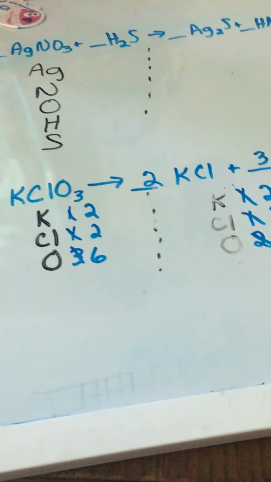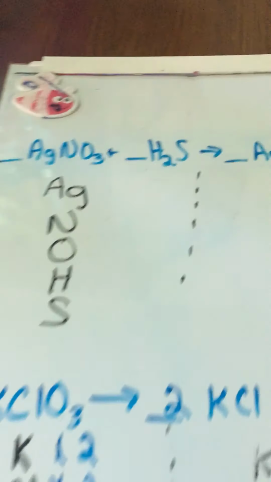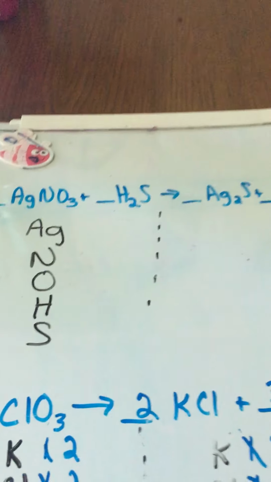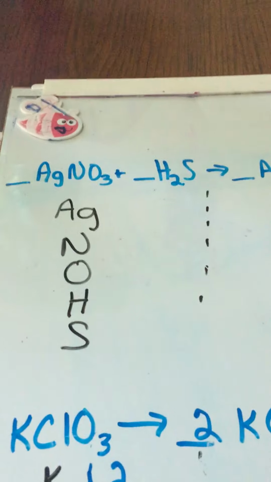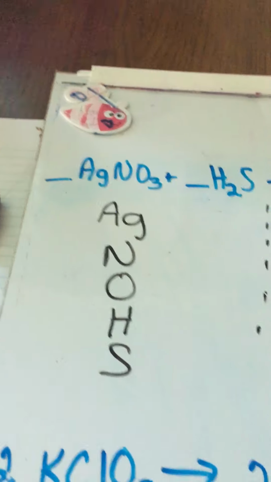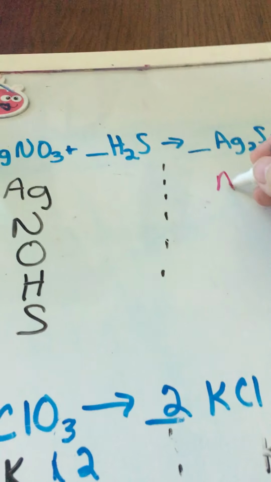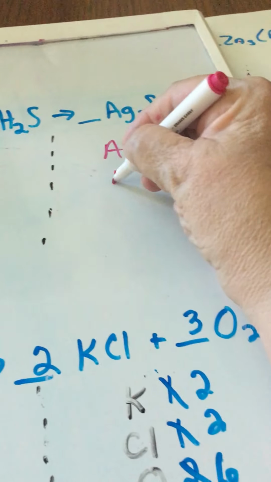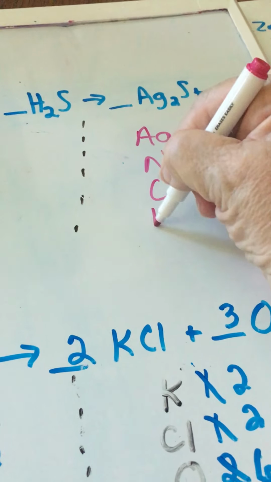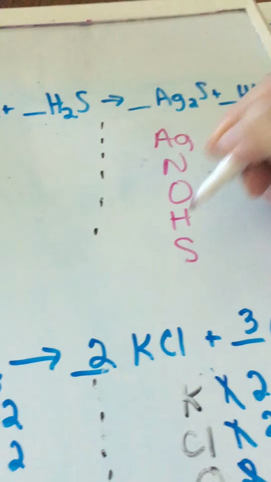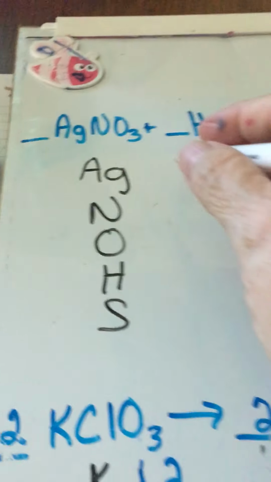All right, let's do this one. This one's a more challenging one. I've already got the elements listed, so I'm going to copy and paste them over here. And now I'm going to count.